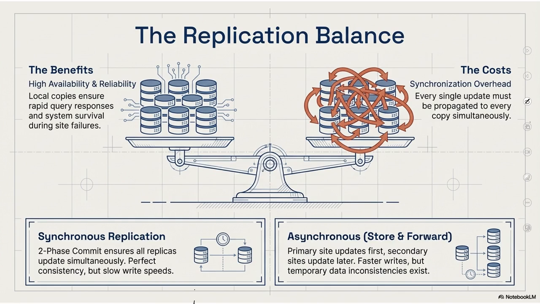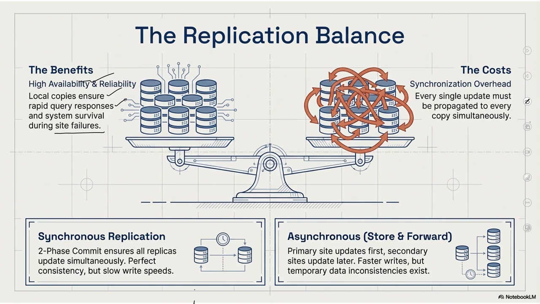The data is highly available and very reliable, since we can store it in each node and the copies are ensured. The query response will be very good, and the system can retrieve the data during a site failure. This is the main benefit of replication in a distributed database.